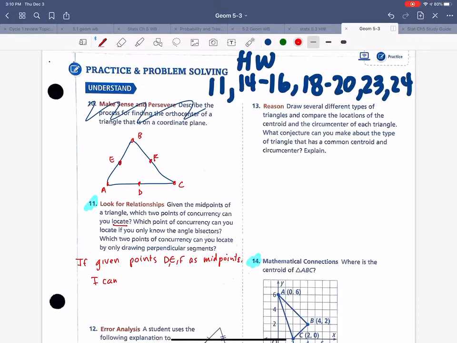So I can find the centroid, right, using medians like we did today, or I can find the circumcenter using perpendicular bisectors, like I did the other day.